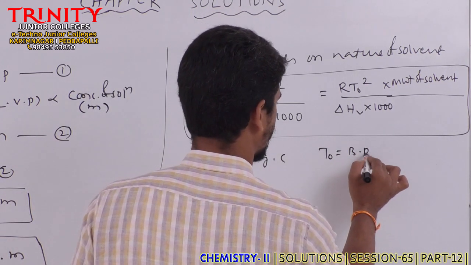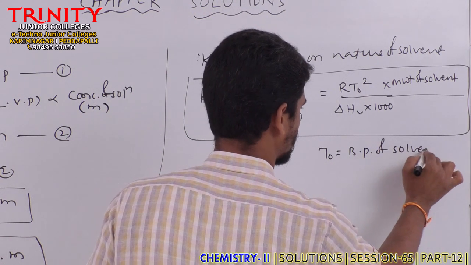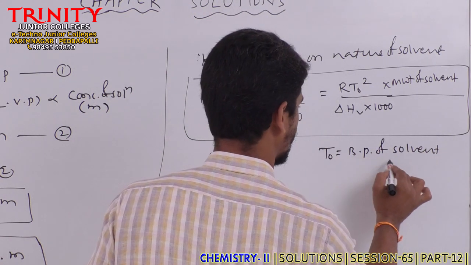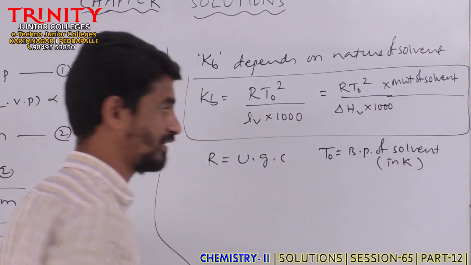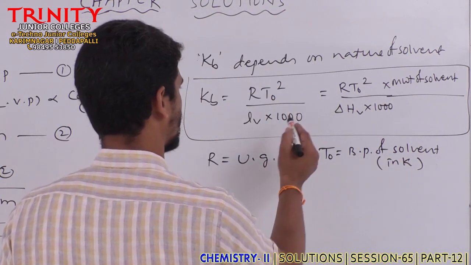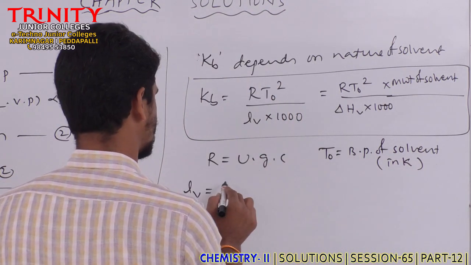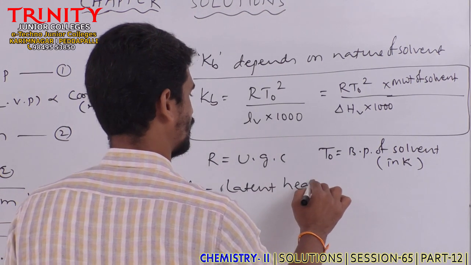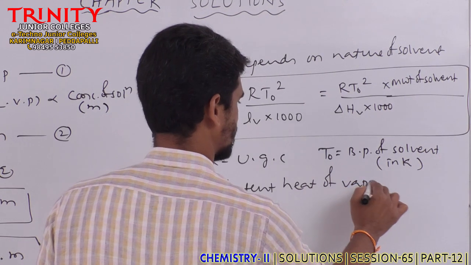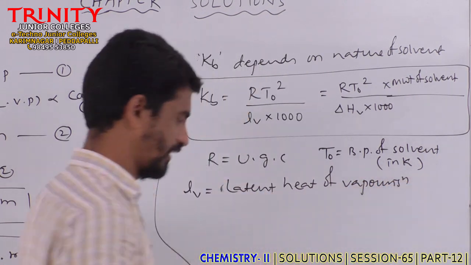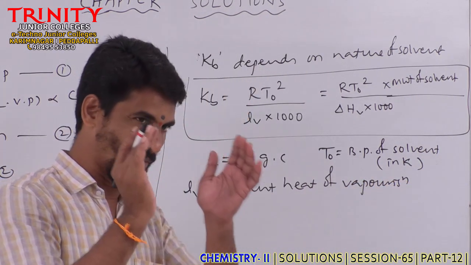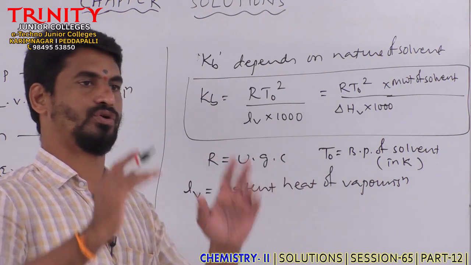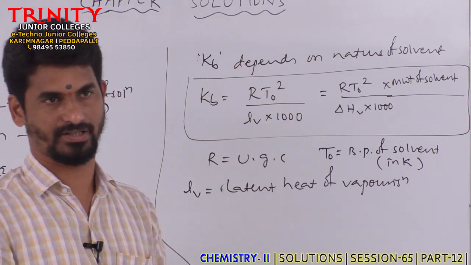This is the boiling point of the liquid or solvent, in kelvins. And what is LV? LV equals latent heat of vaporization, the amount of heat required to vaporize 1 gram of solvent.